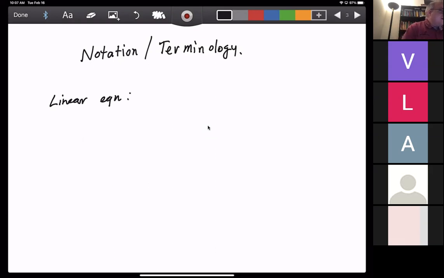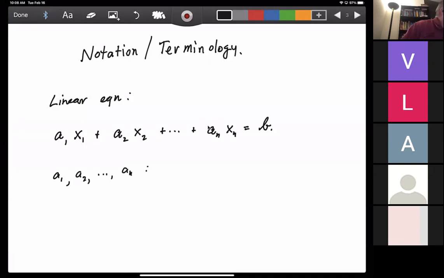So what's a linear equation? For us it's going to be something of this form. In this equation, the a sub 1, a sub 2, all the way up to a sub n are coefficients.